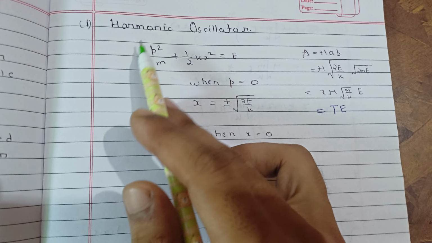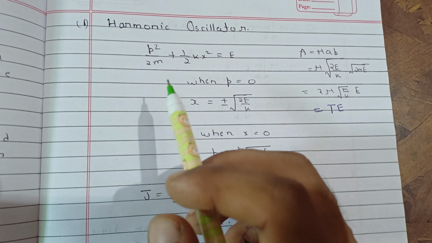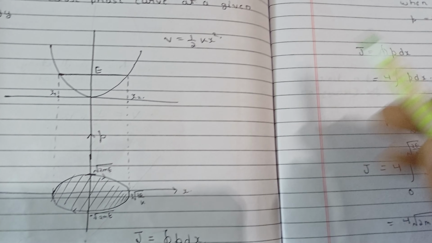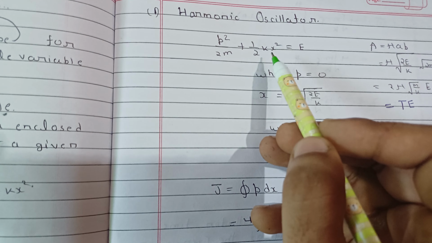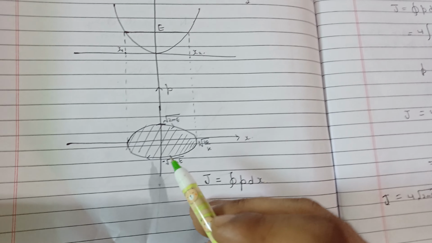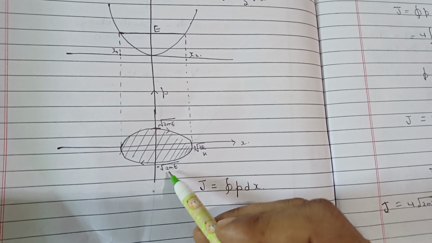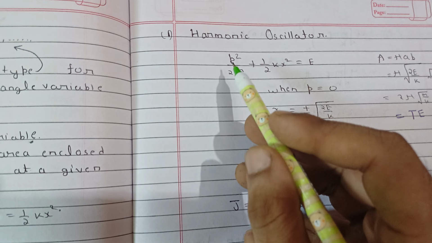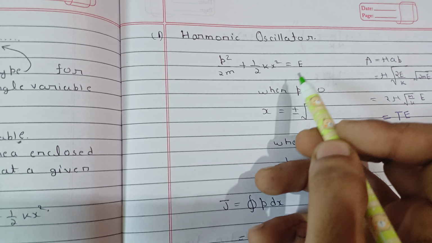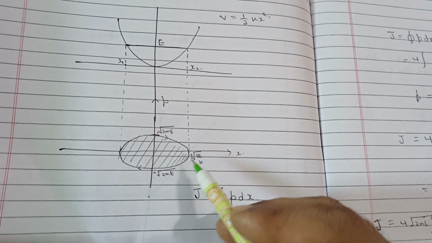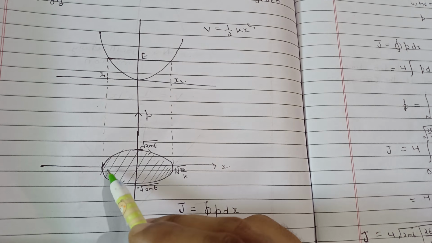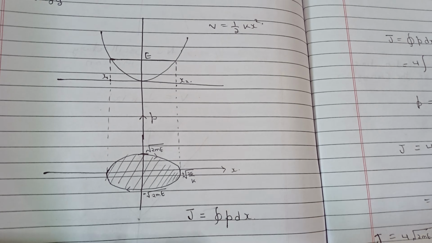First we know the phase trajectory for this harmonic oscillator is an ellipse. When x equals 0, you get p equal to plus or minus root 2mE. When p equals 0, you get x equal to plus or minus root 2E by k. These are your corner points. So this is an ellipse for the harmonic oscillator.